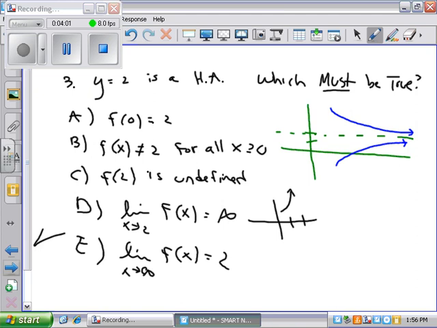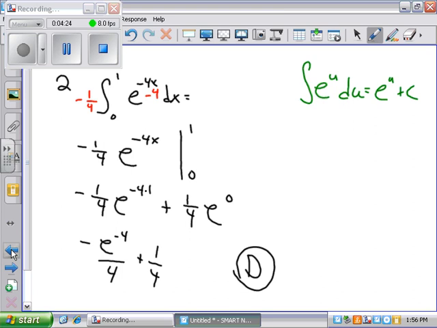So in D, they're talking about a vertical asymptote. Talk about a vertical asymptote in C too. This just says f of 2 is undefined. You could just have a hole there, okay.